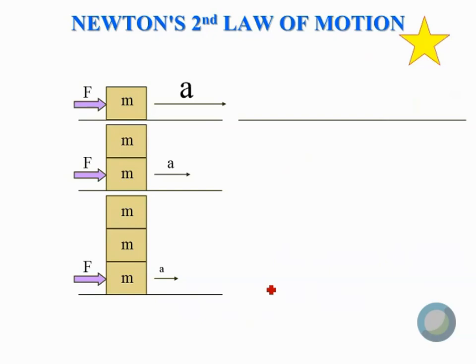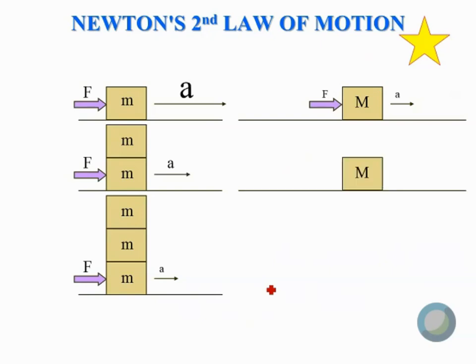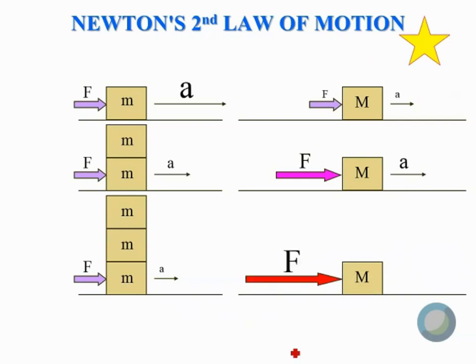Similarly, in another set of experiment, we have another body with capital M mass, applying a force. Then with the same body M, the force is more, and we get more acceleration. The body is the same, and we apply more force and get more acceleration.